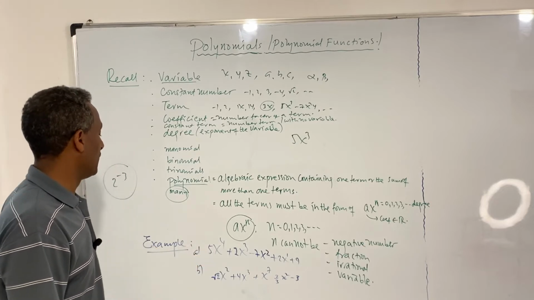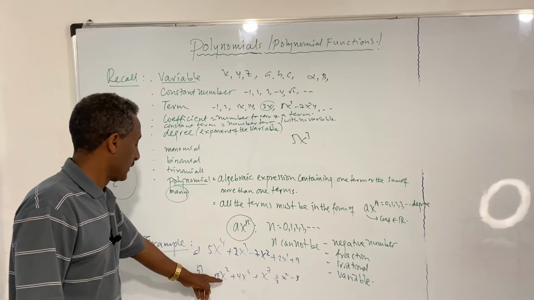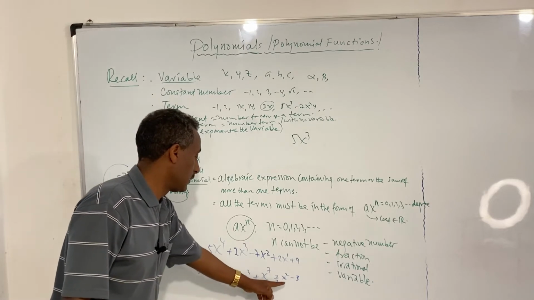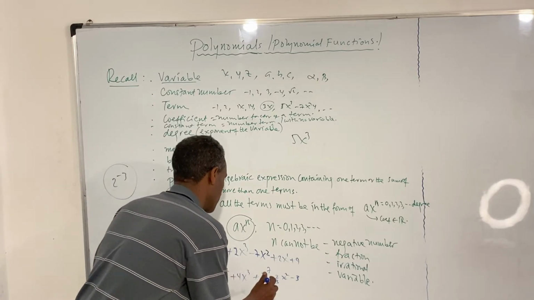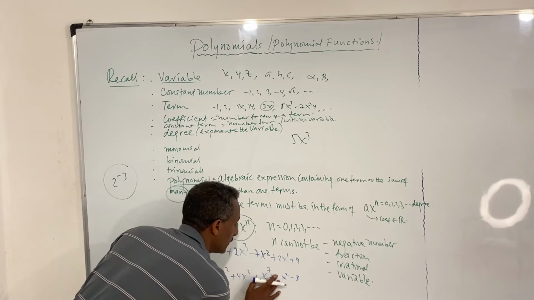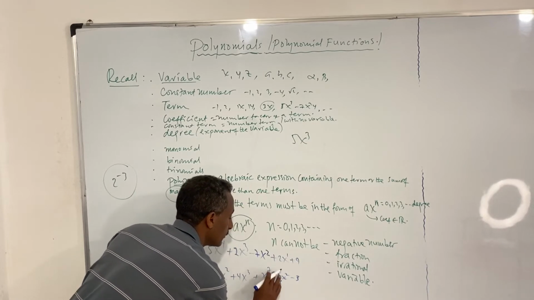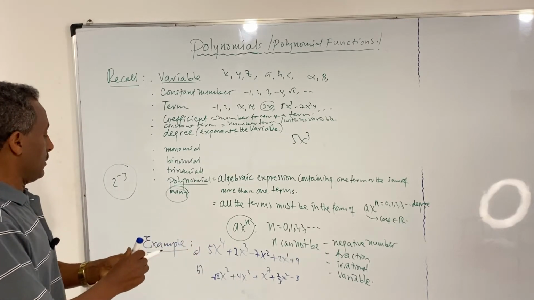Let's go to the second one. We have seen 1, 2, 3, 4, 5 terms also. This is 2 over 3. Okay.